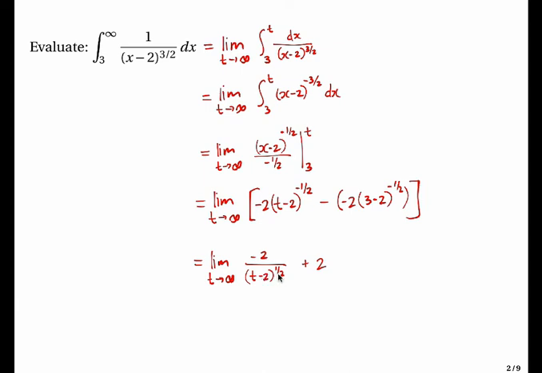You take the square root of that, it will still go to plus infinity, and it is in the denominator, which means this term will go to 0. Therefore, this improper integral is simply equal to 2. So this is the answer to this improper integral.